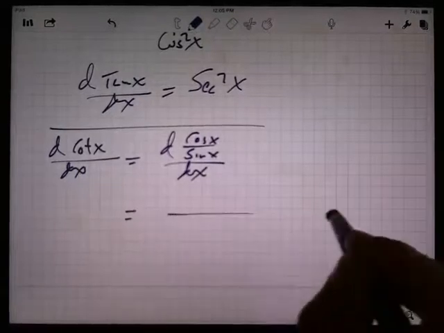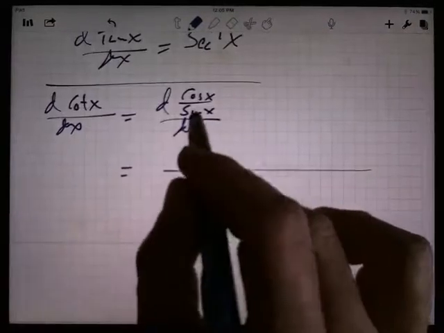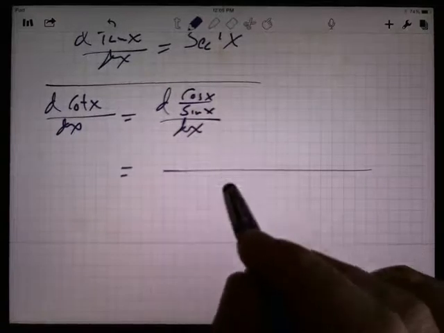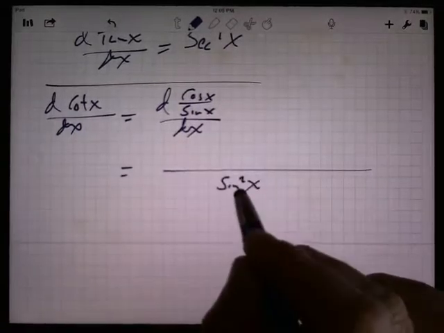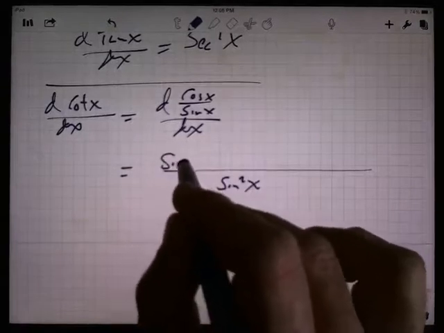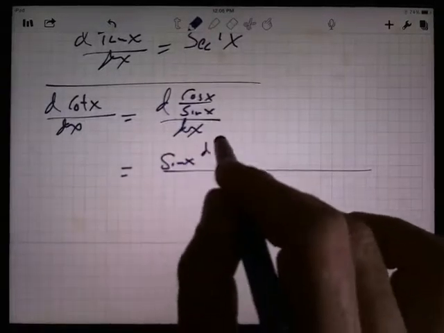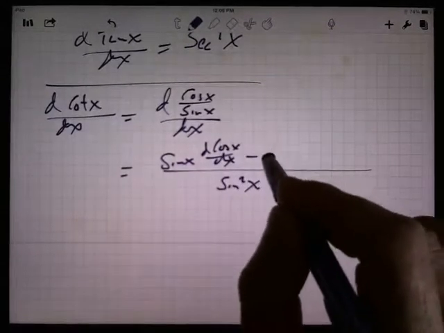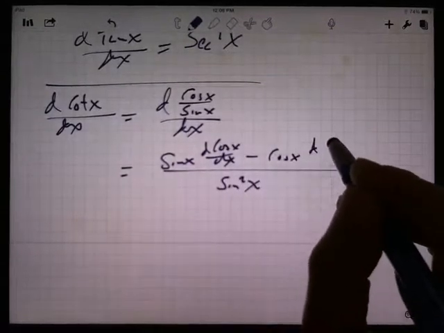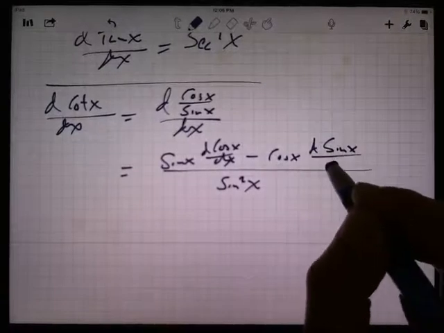And I know the quotient rule. I just used it. But now sine and cosine are flipped from where they were before. So the denominator becomes the denominator squared. And then I write that up here, sine x times the derivative of the numerator minus the numerator times the derivative of the denominator.